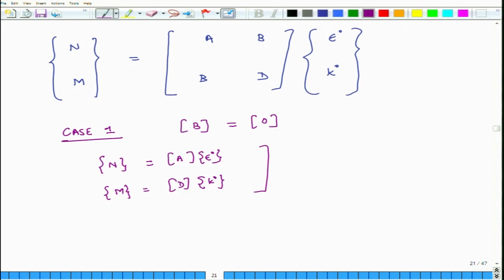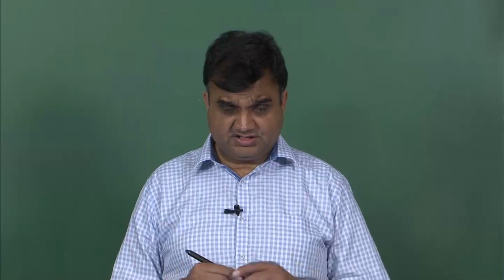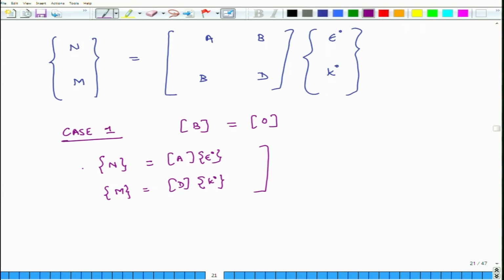What this tells us is that if for a laminate the B matrix is 0, and I apply only forces on the edge of the plate, so I am only stretching it, not applying any moments, not trying to bend and twist it, then it will generate only strains, not curvatures.